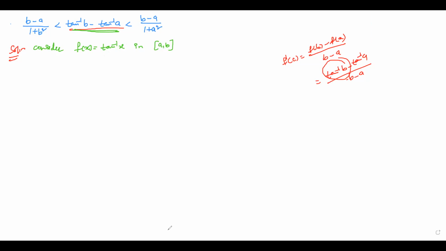It is continuous, it is differentiable, and it satisfies f dash of c equal to f of b minus f of a divided by b minus a. Isn't it? And also c belongs to open interval a comma b, right?